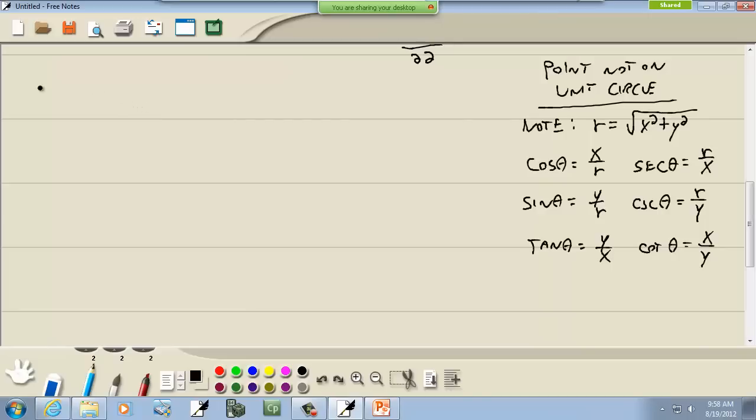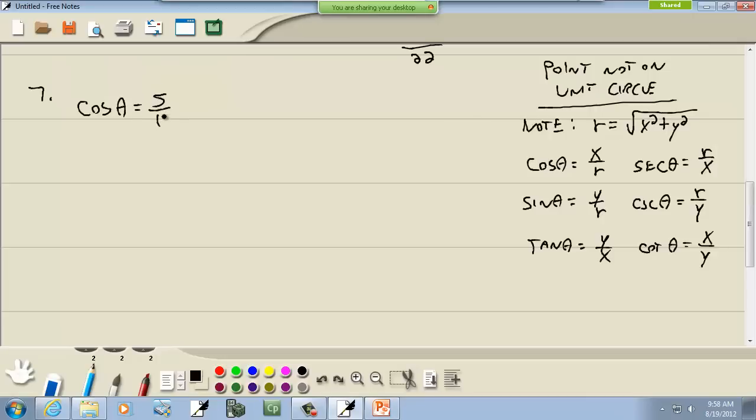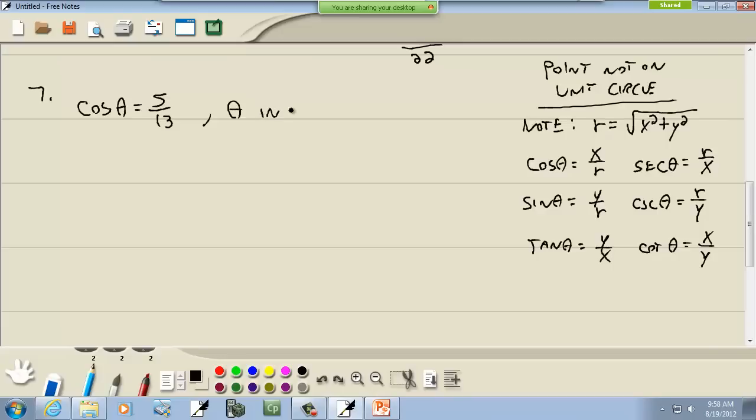Okay, so in problem number 7, we have cosine theta is equal to 5/13. And theta is in quadrant 4. Now, first thing we're going to do is determine the quadrant. Well, this one's really easy. They tell us this is in quadrant 4, so let's write that down here.